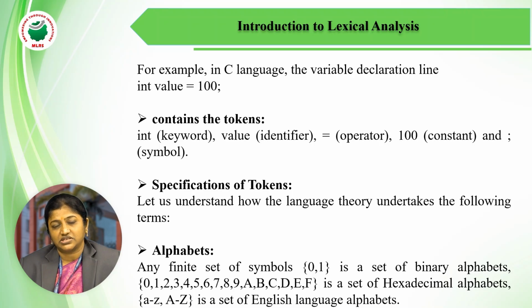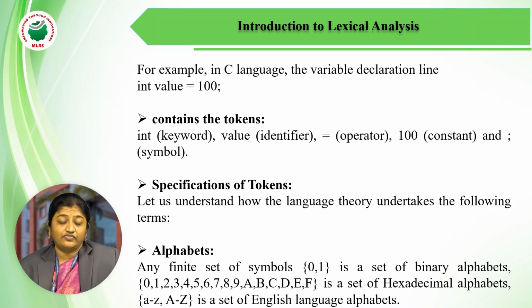And 100 here is a constant, and the semicolon acts as a punctuation or symbol. So here int is a keyword, value is an identifier, equal to is an operator, 100 is a constant, and the semicolon is a symbol or punctuation.